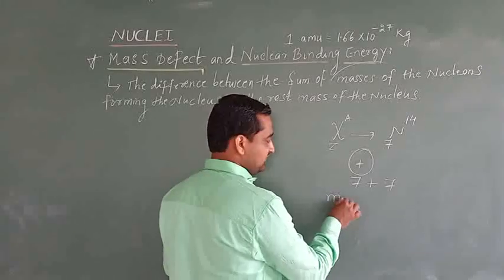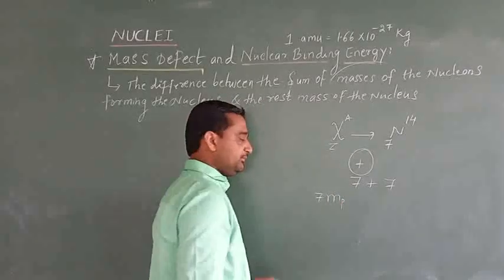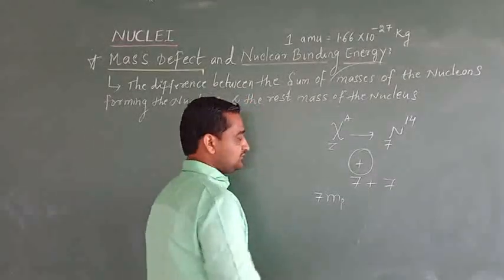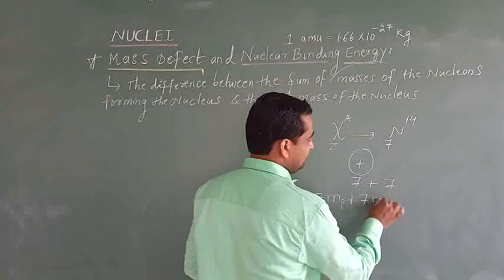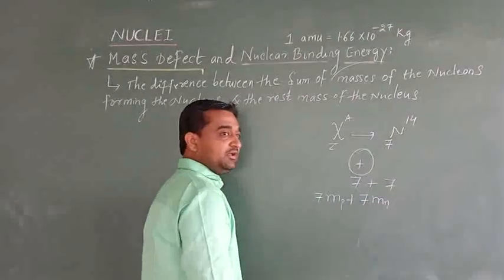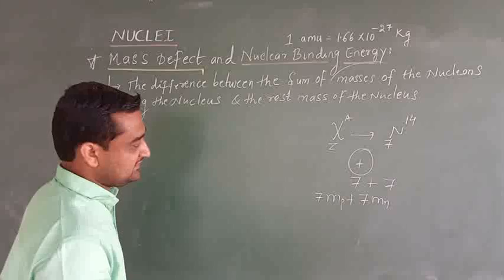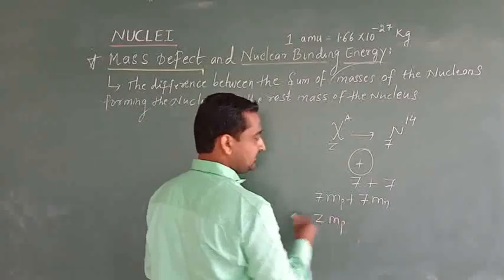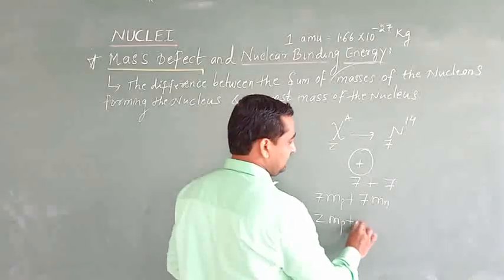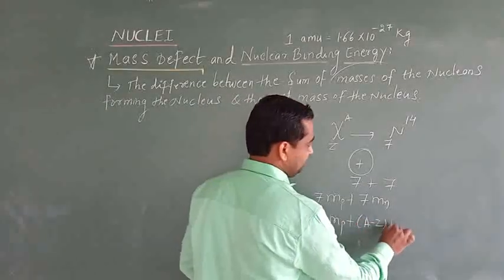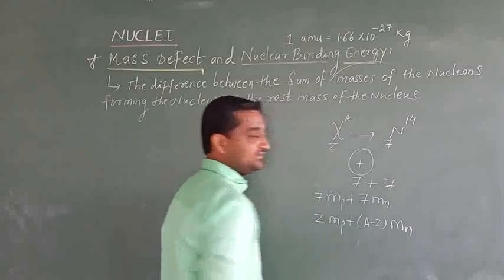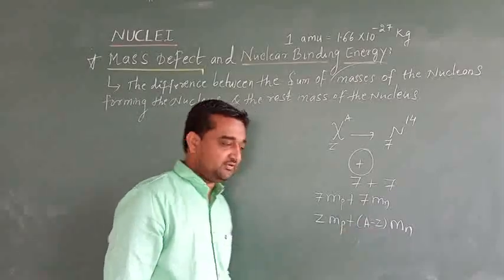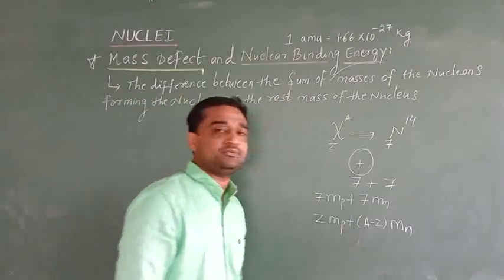The mass of the proton is mp, with 7 protons used during the formation of the nitrogen nucleus, and again 7 mn. In general form, what we have written here is Z mp plus (A minus Z) mn. This is the sum of masses of the nucleons.